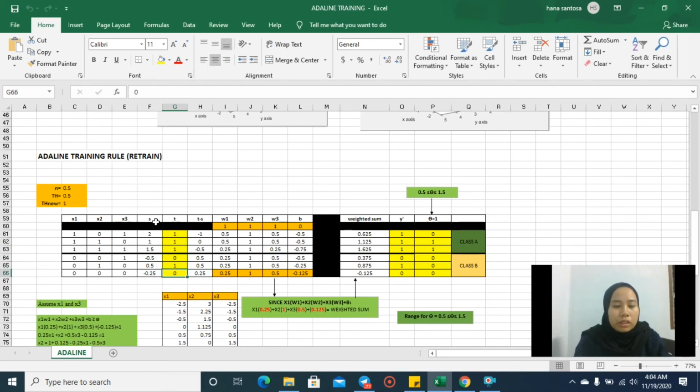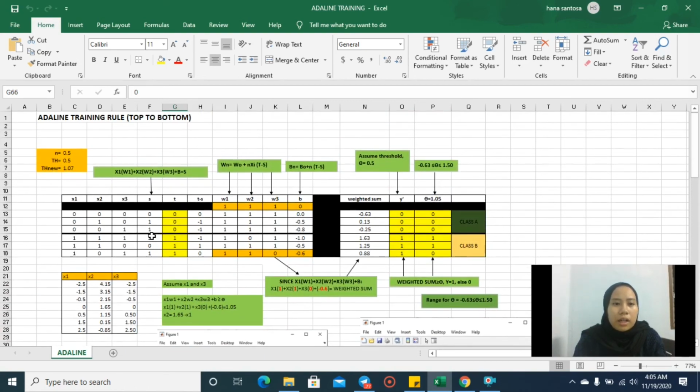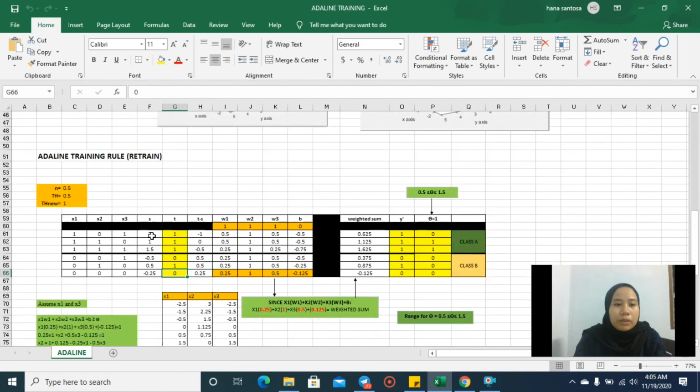To get the new value of S after we train, we use the same equation as above: x1 times w1 plus x2 times w2 plus x3 times w3 plus b. And we got these values for S: 1.5, negative 0.5, 0.5, negative 0.25.